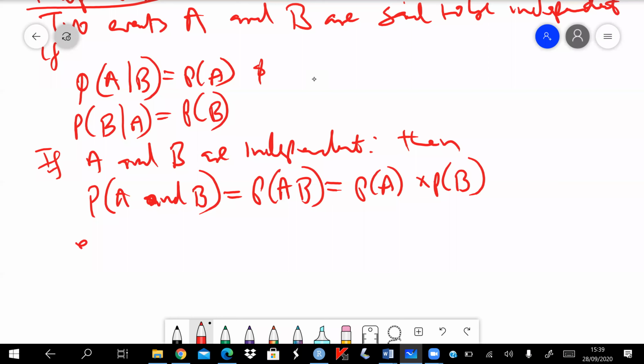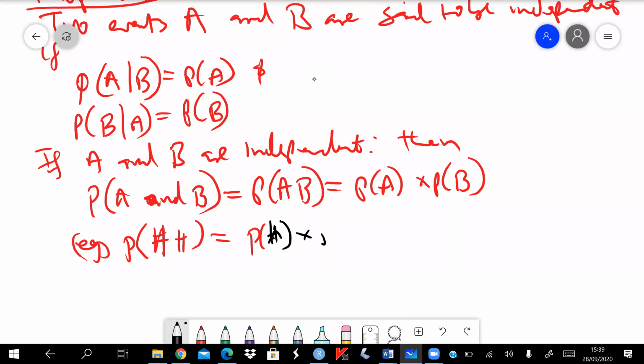So in such a case, the probability of getting a head in the first toss and a head in the second toss is the same as the probability of getting a head in the first toss, times the probability of getting a head in the second toss, which is the same as 1/2 times 1/2.